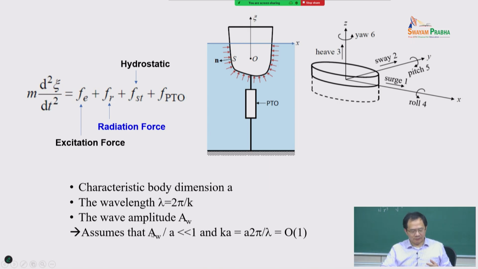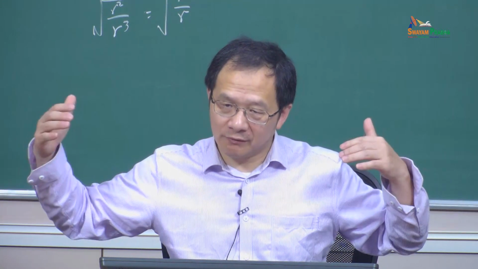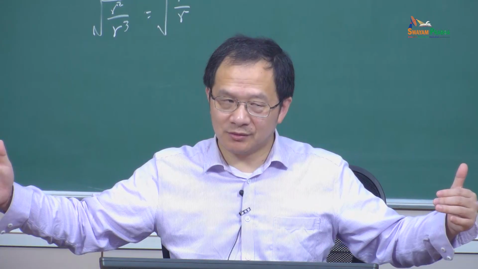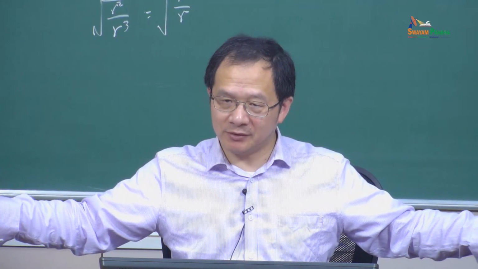The wave amplitude compared with the size of the body dimension is small, and this is one assumption. Another assumption is that the dimension compared with your wavelength is small. This is why we call it a point absorber: it is one point compared with the wavelength.